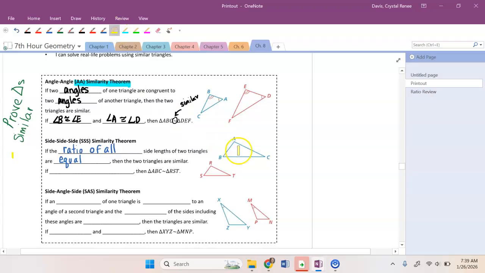So let's highlight corresponding sides. These two would be corresponding, these two would be corresponding, and then the bottoms would be corresponding.